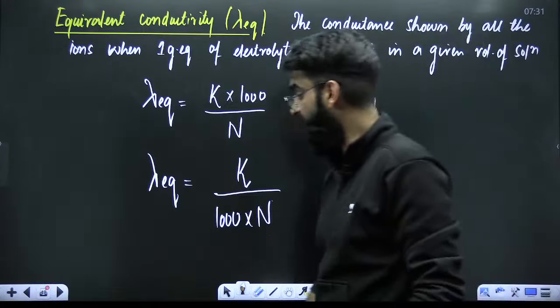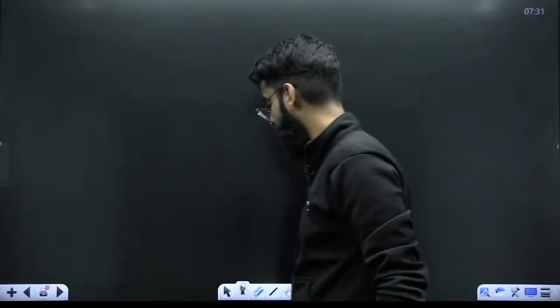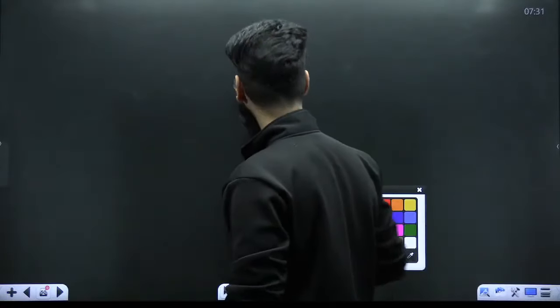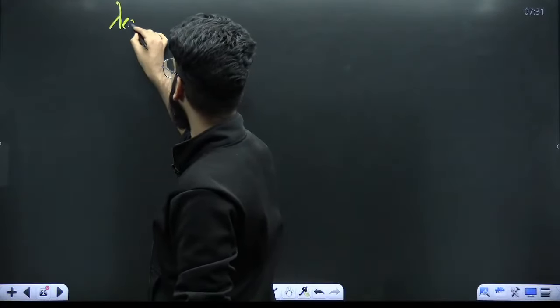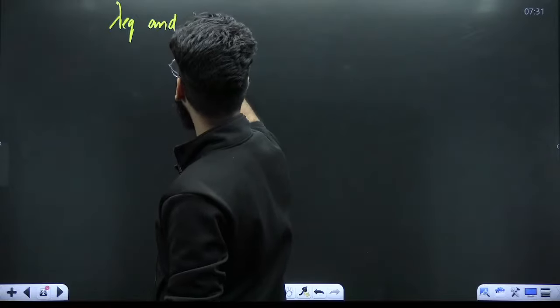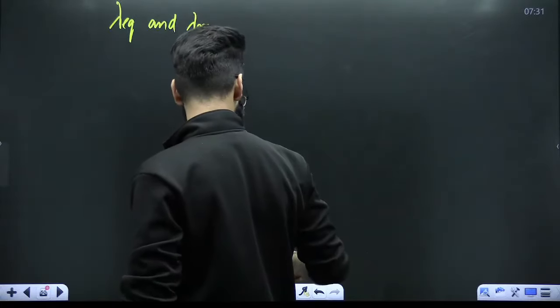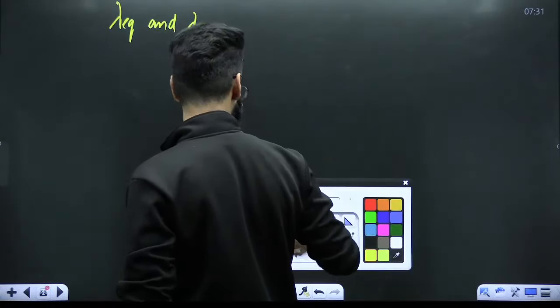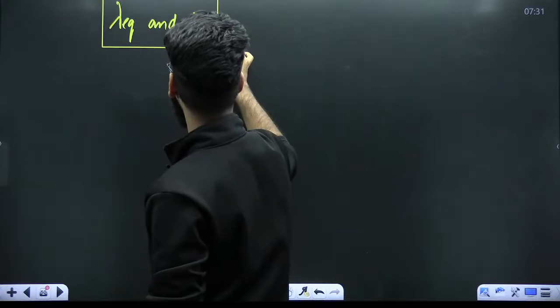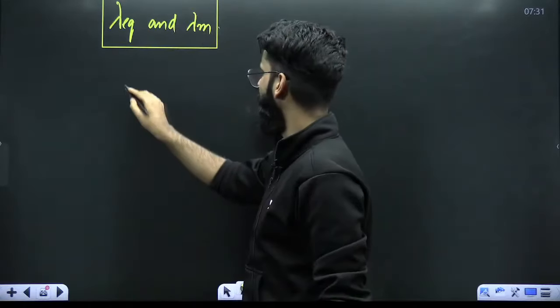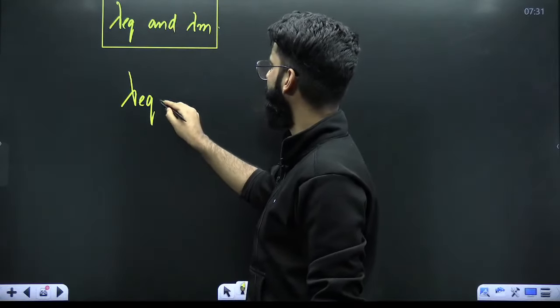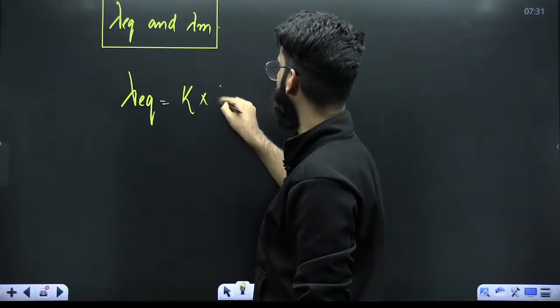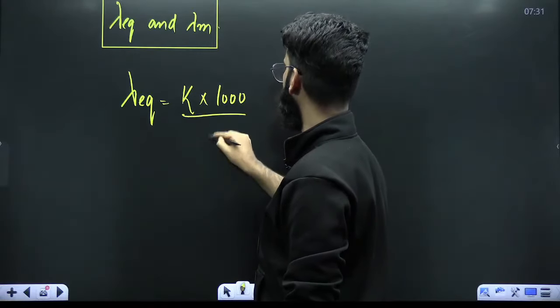Now, my dear students, if I ask you, what is going to be the relation between molar conductivity and equivalent conductivity? One of the relations I told you, lambda EQ is equal to kappa multiplied by 1000 divided by normality.